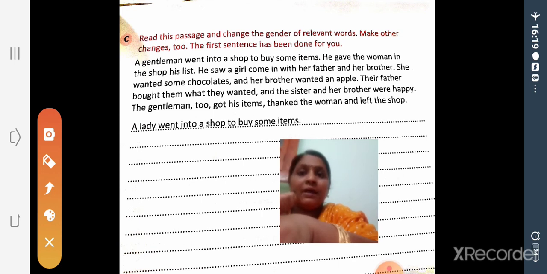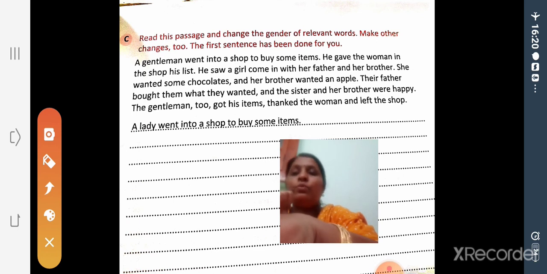Father becomes mother. Her, his. Brother, sister. She, he. Wanted some chocolates, and her brother becomes his sister. Wanted an apple, their father, their mother, then bought them what they wanted, and the sister and the brother were happy. The gentleman becomes lady and got her items, thanked the man, and left the shop.